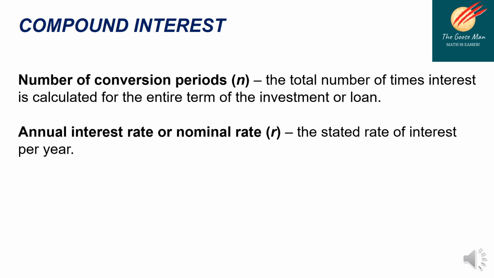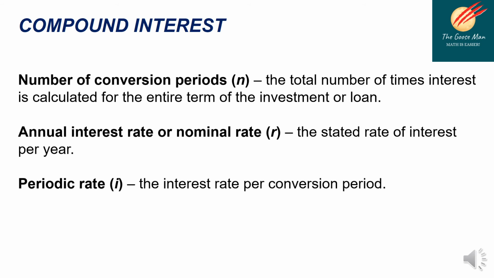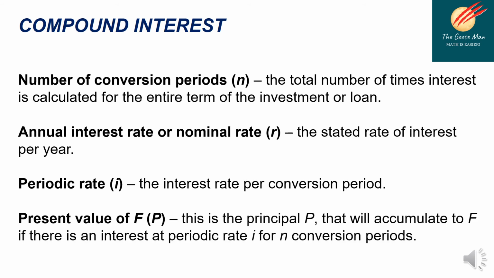That is the stated rate of interest per year. Next, the periodic rate, in symbol, i. That is the interest rate per conversion period. And the present value of F is the principal P that will accumulate to F, if there is an interest at periodic rate i for n conversion periods.